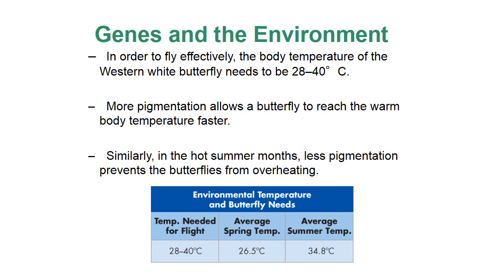So in order to fly effectively, the body temperature has to be between 28 and 40 degrees Celsius. More pigmentation allows the butterfly to reach the warm body temperature faster. And in the summer, since it's hot, they don't need that extra pigmentation to get warmer. So that would be the adaptation or the advantage that they would have.